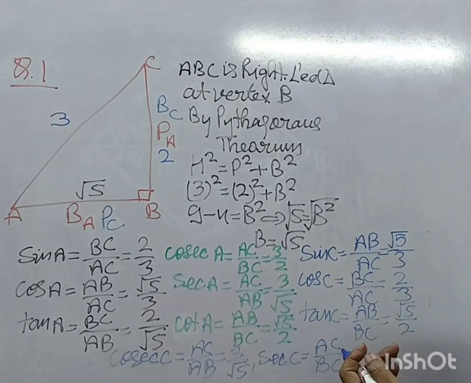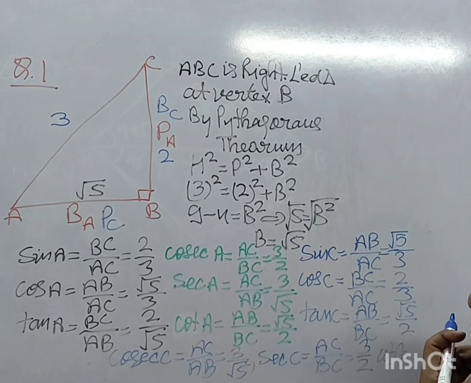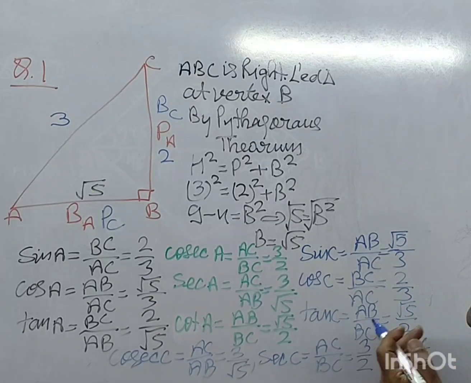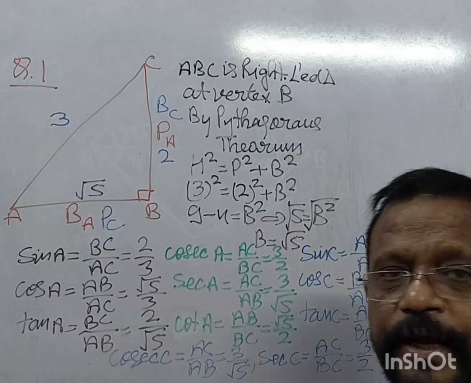So it becomes AC is 3 by 2. 3 by 2. And cot C is equal to BC upon AB. BC is 2 upon AB, so it is 2 by root 5. You get all trigonometrical ratios? Yes, sir. This is how we can do this.